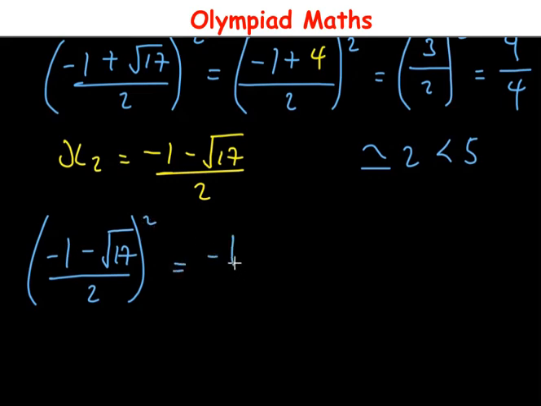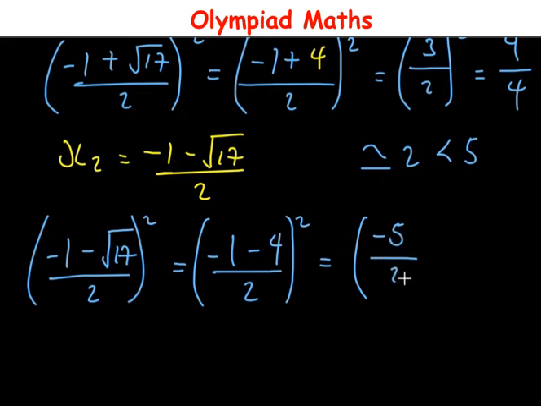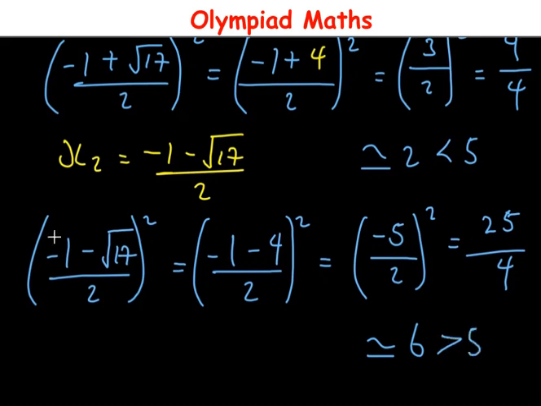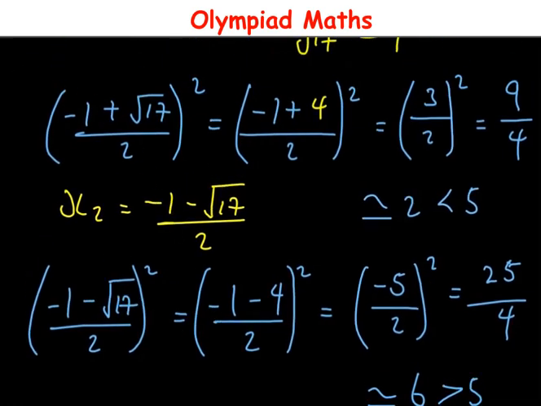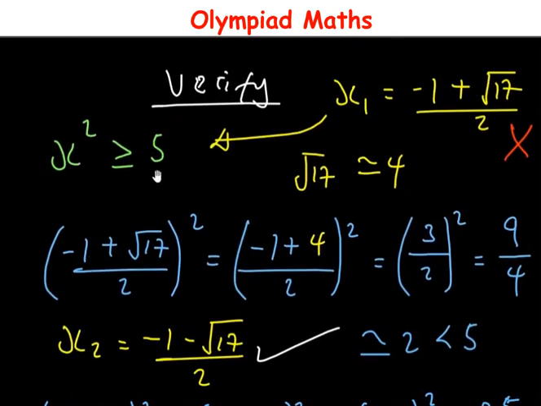From here, minus 1 minus root 17 will give us a value that will be approximately equal to minus 1 minus 4 over 2, all squared. This then equals in brackets minus 5 over 2, all squared. Minus 5 squared is simply 25 over 2 squared is 4. And dividing 25 over 4, we get a value approximately equal to 6. And 6 is greater than 5. So this means that since the value is greater than 5, x2 is the correct solution for the given question, because x squared should be greater than or equal to 5.